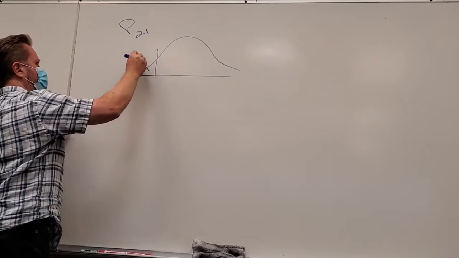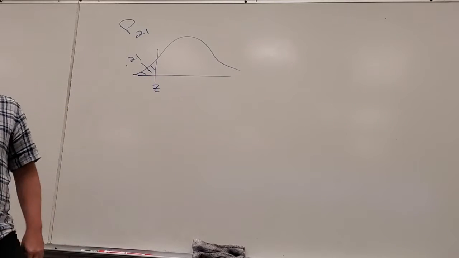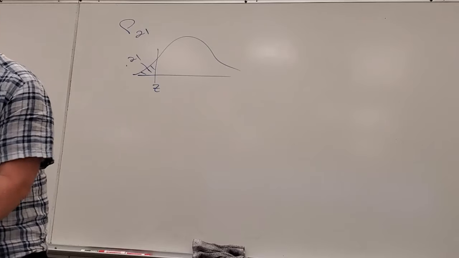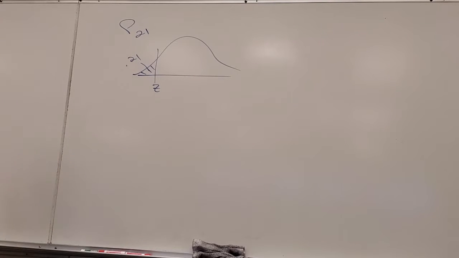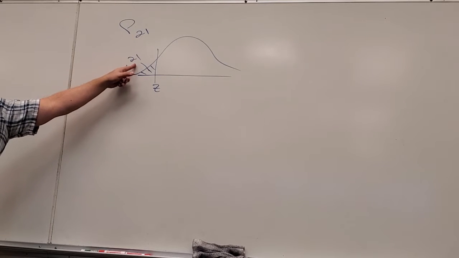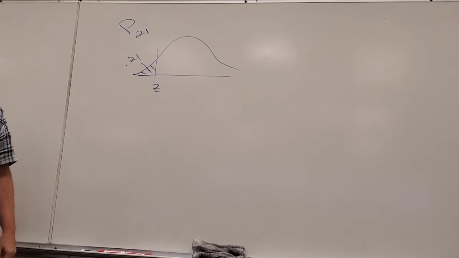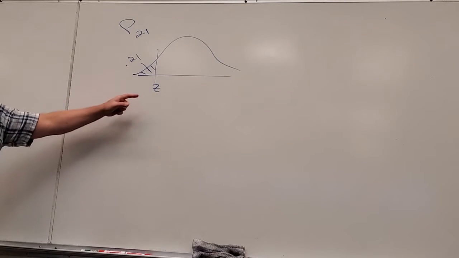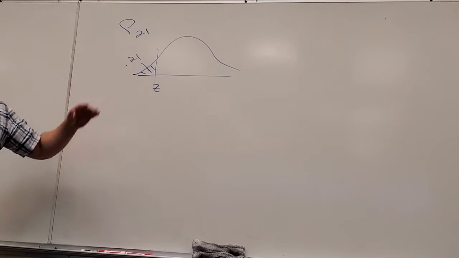So we're looking for that z-score. Which one was that? I want to make sure it wasn't number 2. So you try to find that, you get as close as you can. I think this was really close. And is it going to be positive or negative? Negative, because it's below the mean.